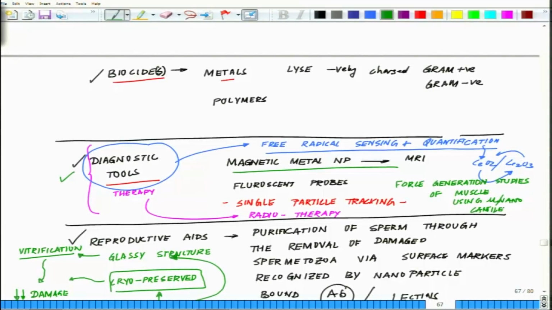So these are some of the very interesting emerging tools which are coming very handy in the animal industry if they are being used in a particular fashion.